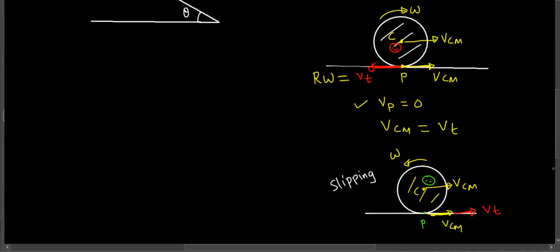In pure rolling, if you look at the topmost point, it will have two times the velocity of center of mass. So that means, let's say you are standing near a junction, and a nice BMW car is zooming at, let's say, 100 kilometers per hour.